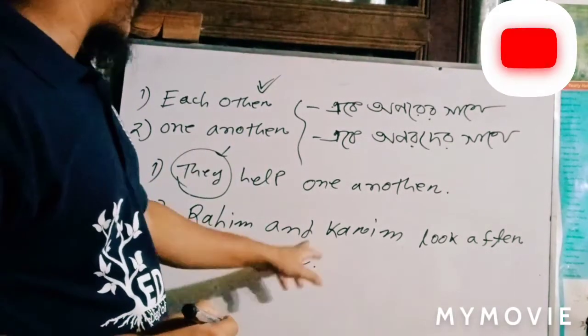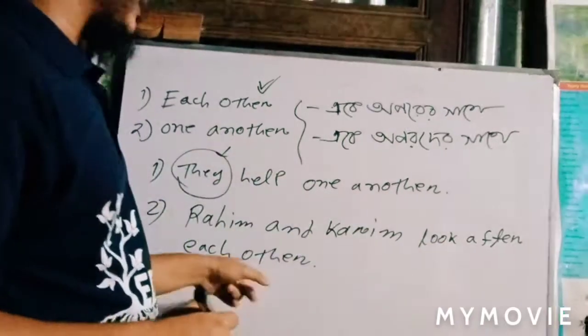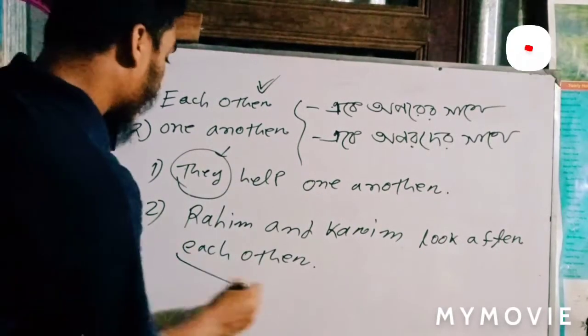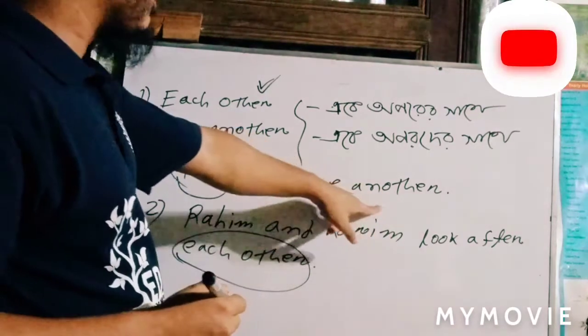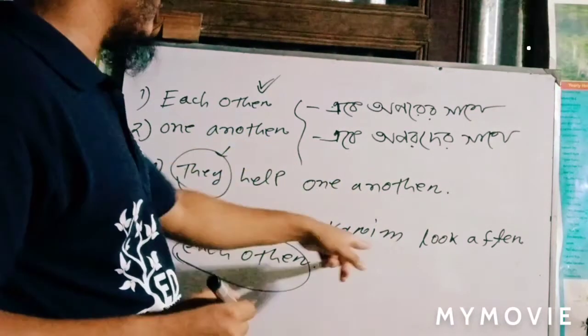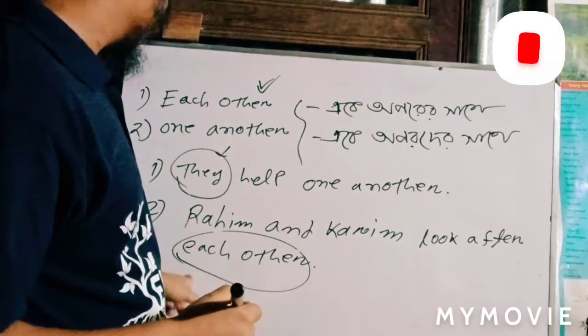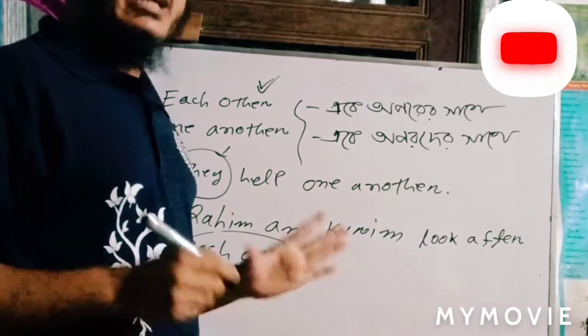Rohim and Karim look after each other. There is each other. Each other is perfect in the case of two people. In the case of correlation between two people, Rohim and Karim, there are only two persons. For this reason, each other is very applicable to use.